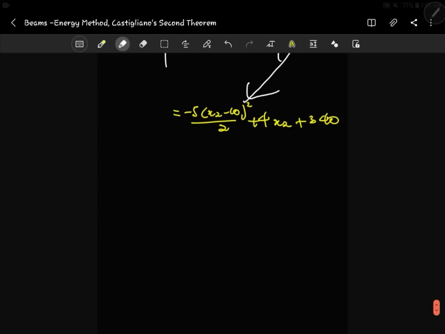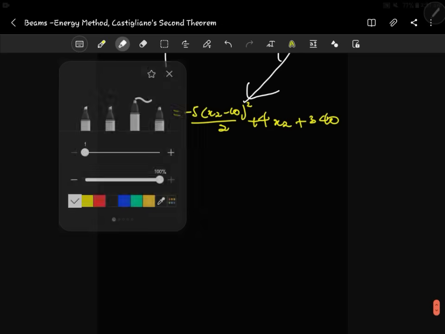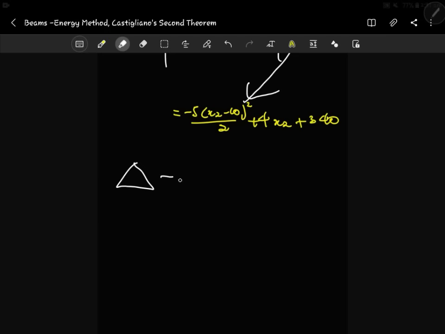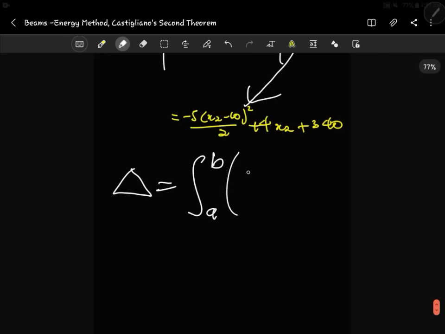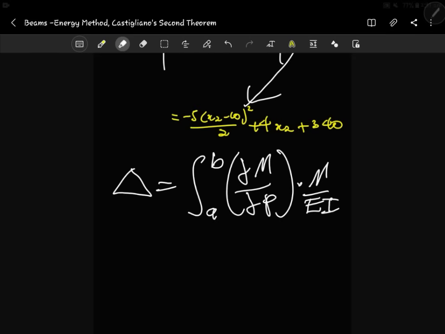So the deflection itself is this way. This is what it says. Integration for the interval, from a lower to upper, and then we have partial derivative, it's equal to p times the m on ei, and then you have dx.